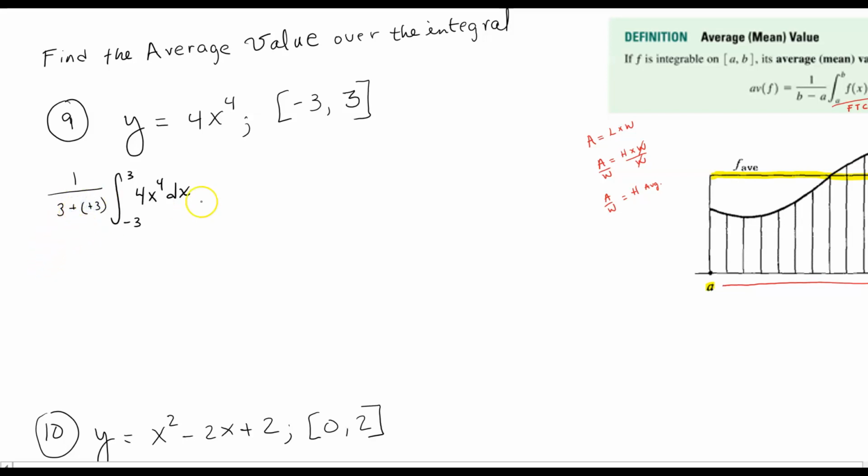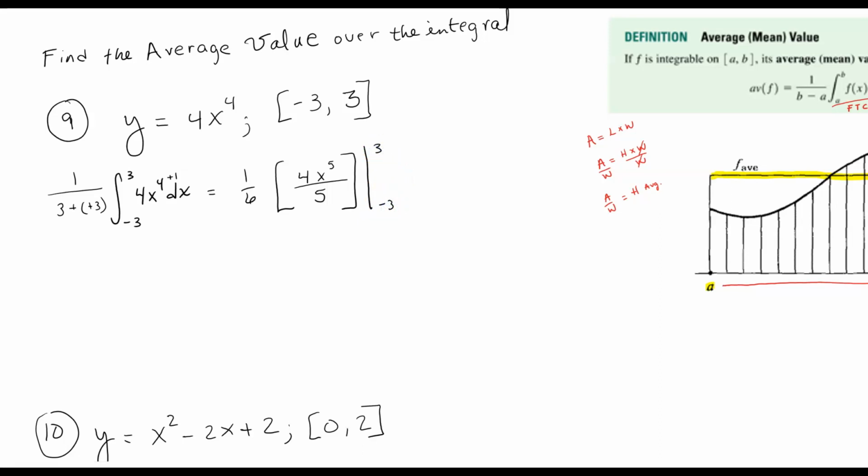We're going to add that, so we end up getting 1/6. I'll write that out front, but now I'm going to take the antiderivative. That is to say 4x to the 5th power, because remember you add 1 and then divide by the 5th power. And then we're going to evaluate it using the fundamental theorem from -3 to 3.